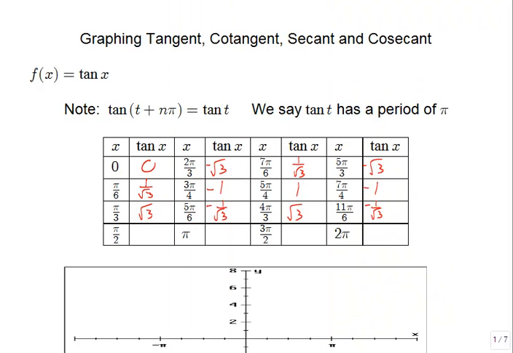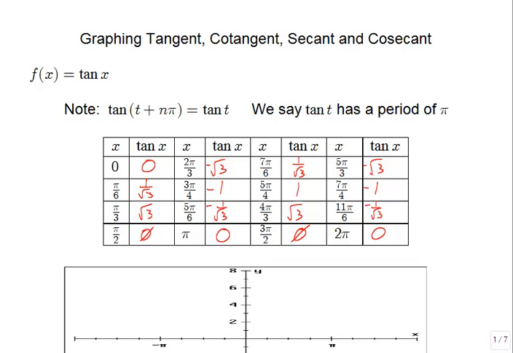So this is 0, but this is undefined. At pi, the y value is 0, the x value is -1, so 0 divided by -1 will be 0. At 3 pi over 2, the y value is -1, the x value is 0, so we're trying to divide by 0 again, so this becomes undefined, and 2 pi is just like 0, so that will also be 0.